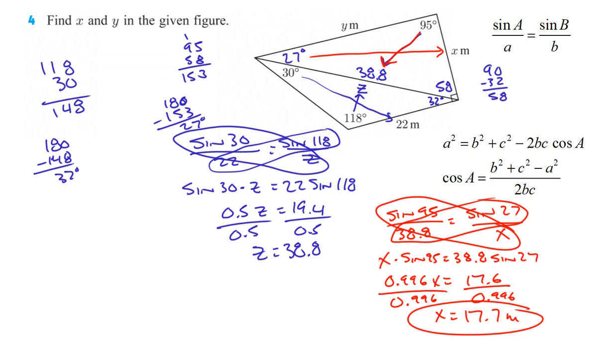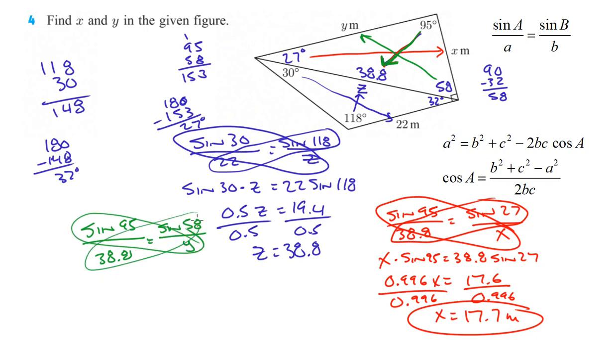And then for y, we've got 58 and y. And I would highly suggest using these two here first instead of these two, because we found both of those. So we use this to find that, so I would use this one again. So let's do sine 95 over 38.8 is going to equal sine 58 over y. Cross products.